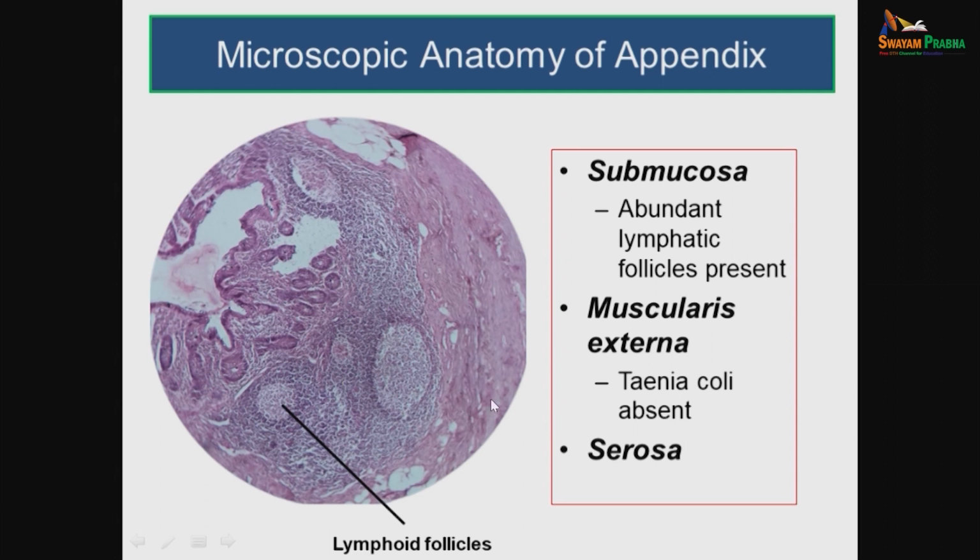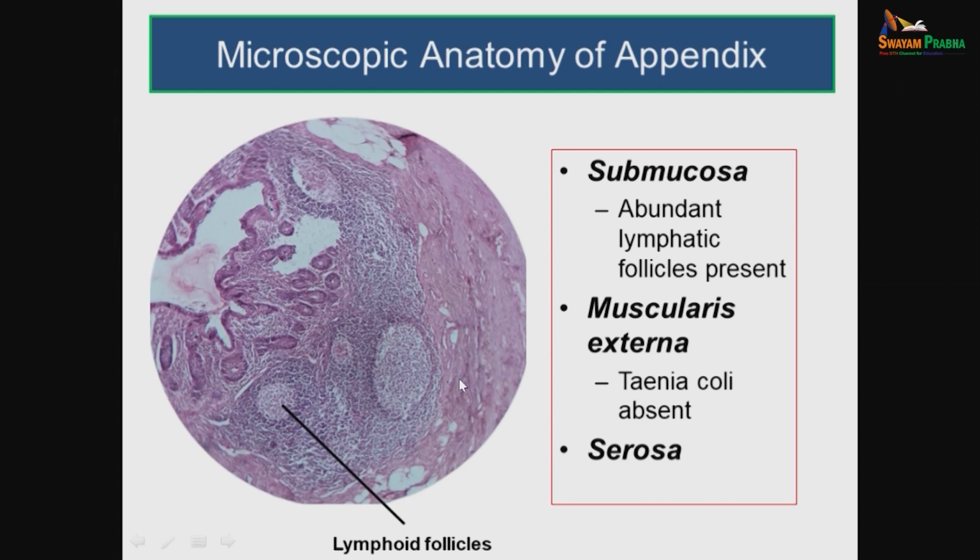With respect to the muscularis externa, there are uniform longitudinal and circular layers, unlike the large intestine, where the muscularis externa is modified into 3 bands of tenia coli. The 3 thick bands of tenia coli are absent in the appendix. It is also absent in the rectum and anal canal.